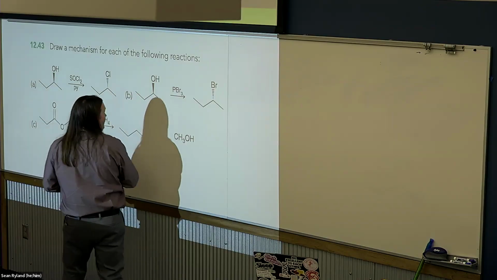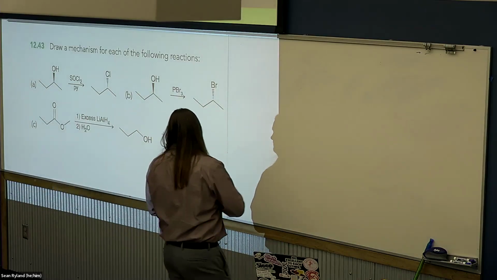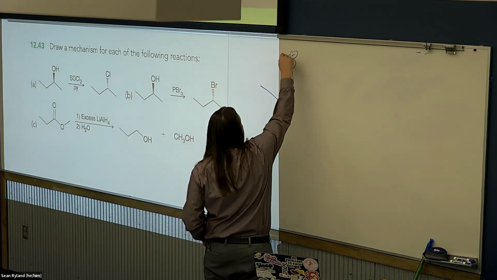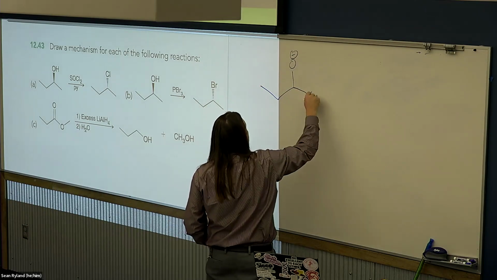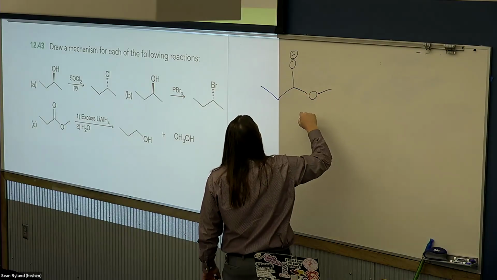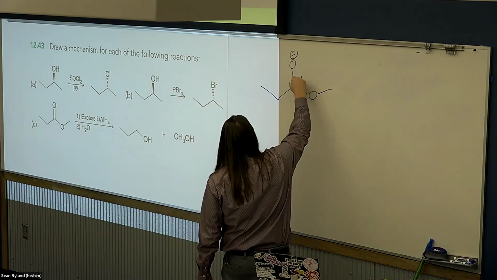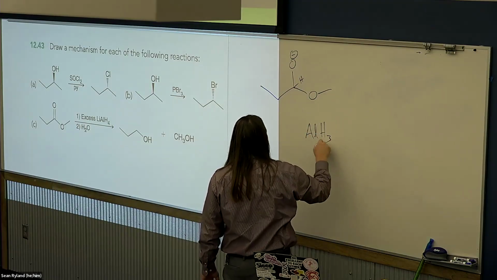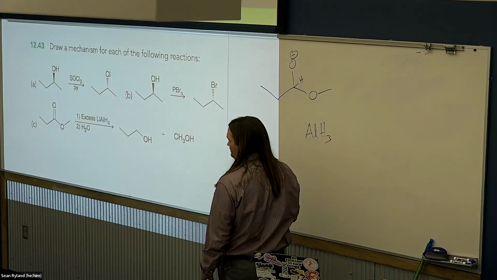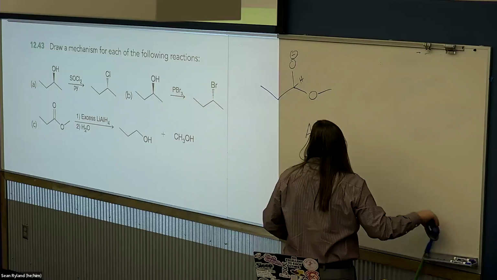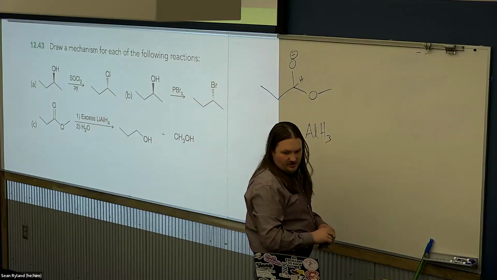And then so we get something that looks like this. So our first intermediate is going to look like this. We added a hydrogen here. Then we have that AlH3 still floating around. Let me back up.